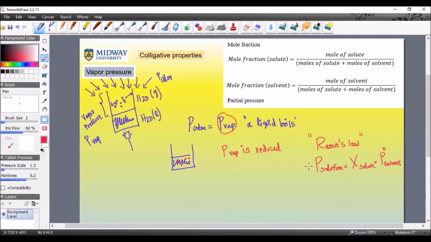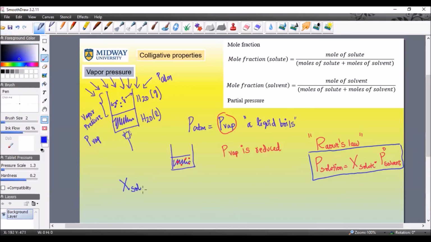So this is the mathematical equation that I want you to remember: vapor pressure of a solution equals the mole fraction of a solute times the vapor pressure of the pure solvent. Let me write this new term here.